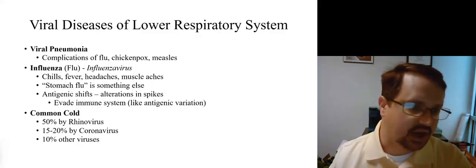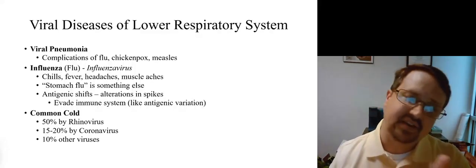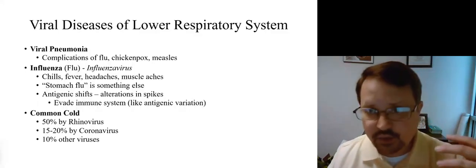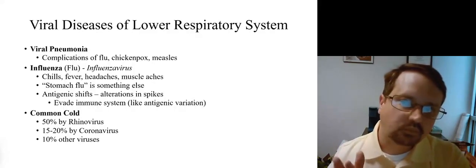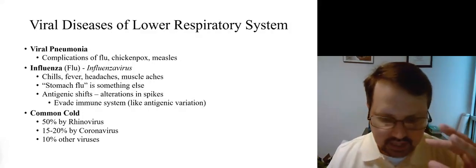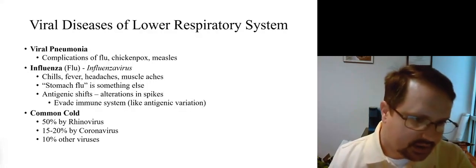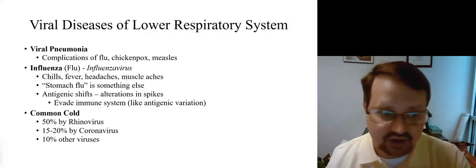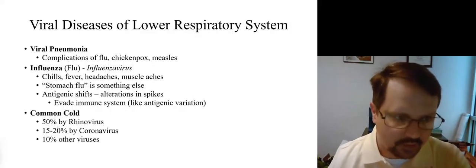Common colds: 50% of these are rhinoviruses, about 15 to 20% are coronaviruses, for example SARS-CoV-2, which causes COVID. Sorry, my brain blanked there for a second. And then 10% are other viruses, but rhinoviruses are by far most of them.